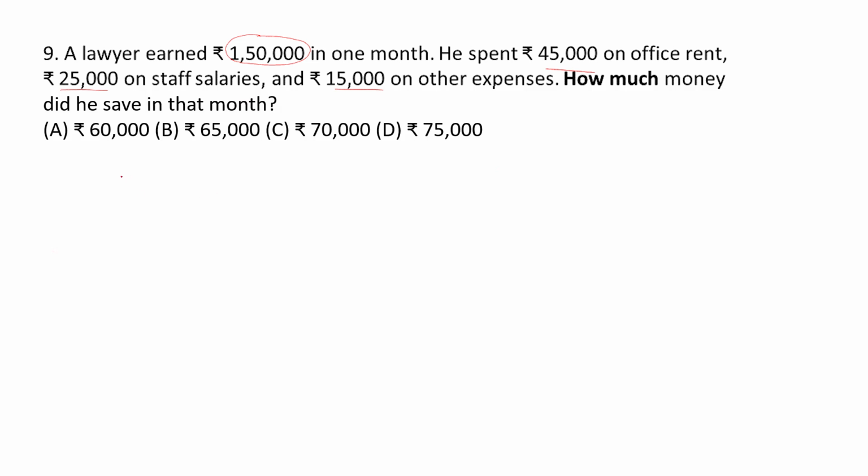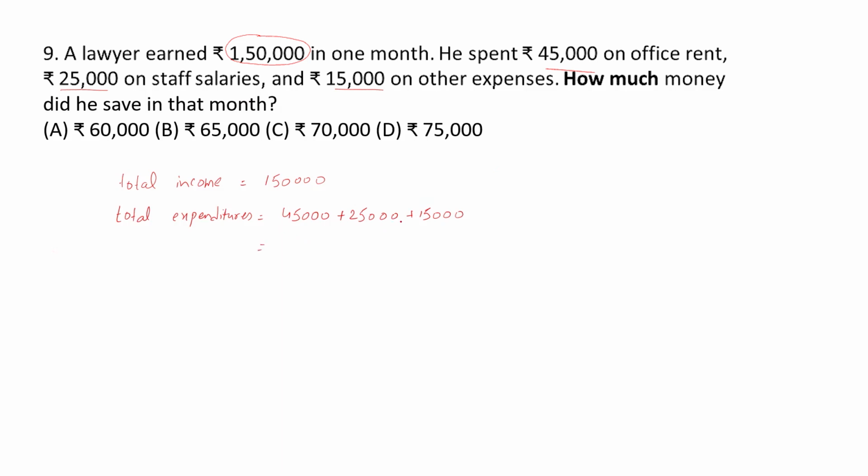So total income is equal to 150,000. This is the total income. Total expenditure is 45,000 for office rent, right? 25,000 staff salary plus 15,000 other expenses.